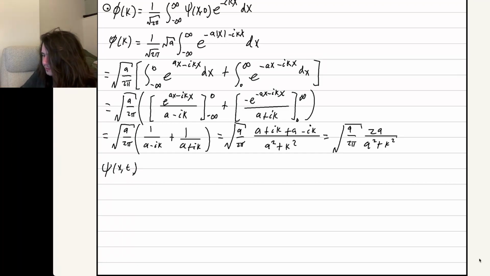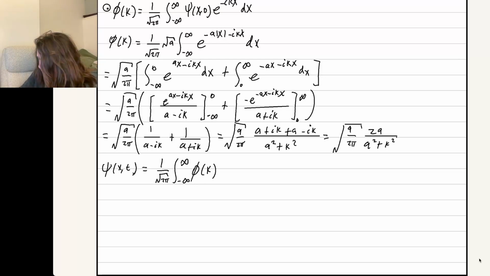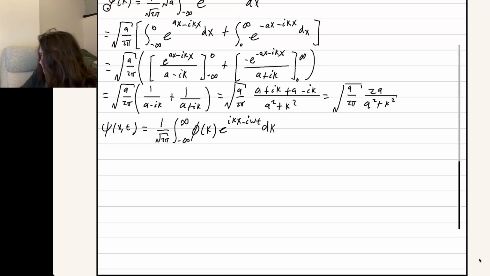which for the free particle is constructed from 1 over root 2 pi times the integral over all space of the Fourier transform of the wave function times e to the ikx minus i omega t dk. So this is an inverse Fourier transform.